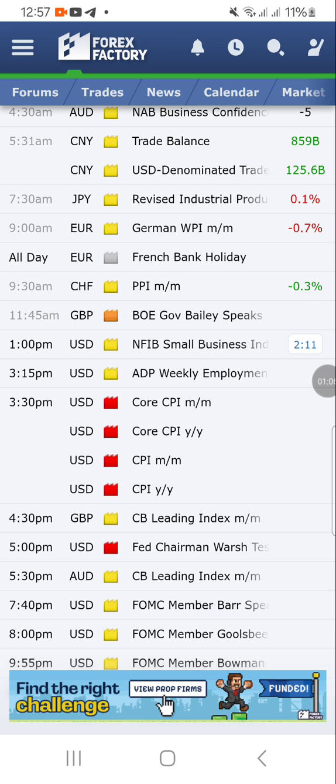But what is CPI? I know there is a new person here who knows nothing about fundamentals, and they're asking themselves, what is CPI? CPI is consumer price index, the prices of commodities. Let me give you an example.